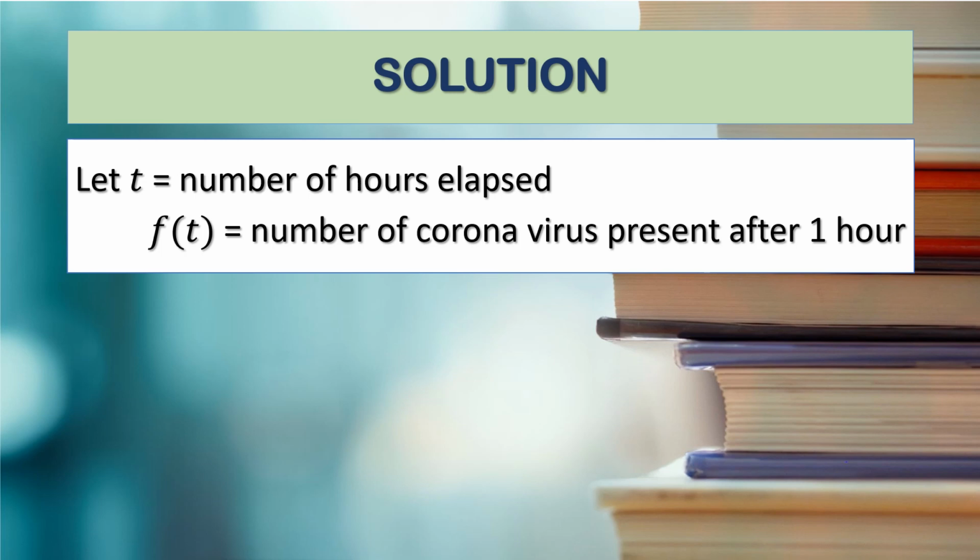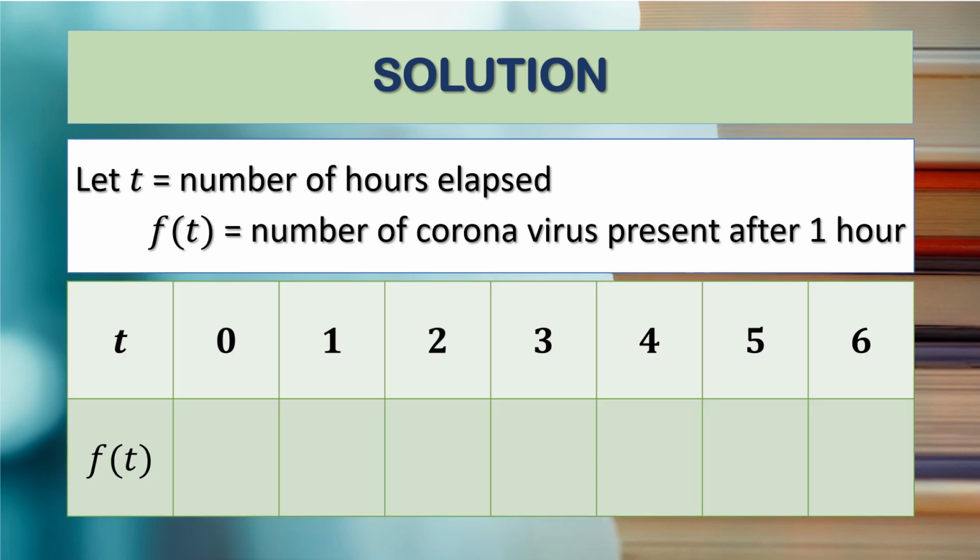Now the solution can be represented by using a table of values. In our table, the first row is for the variable t, for time. The second row will be the function f of t, that is the number of coronavirus present after t hours.